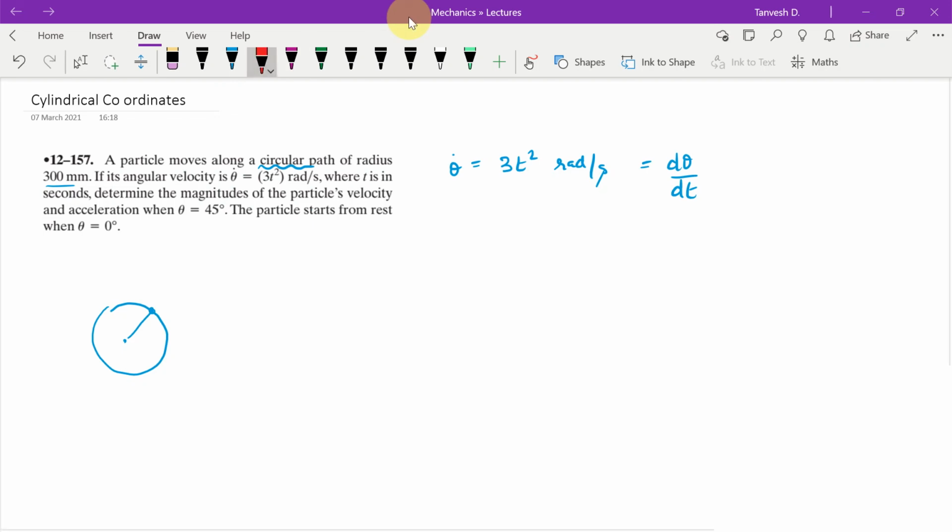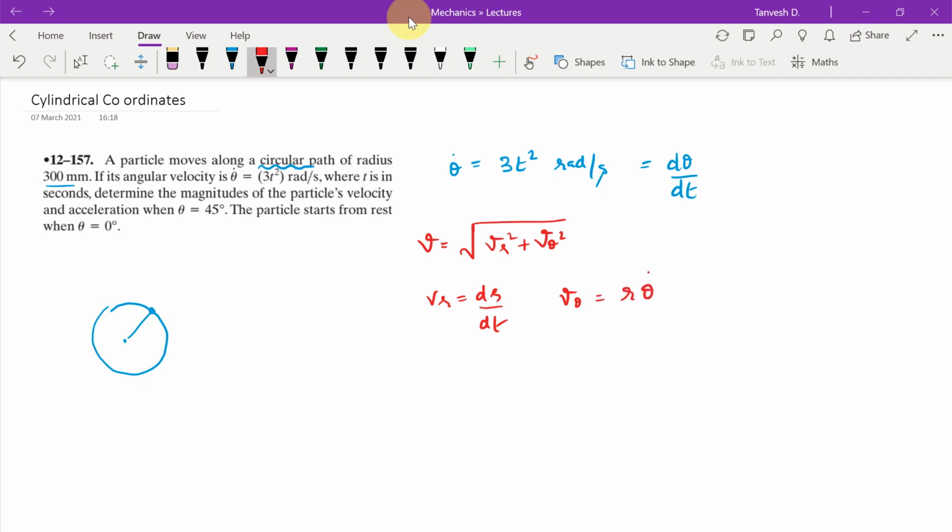So first of all, in these cylindrical coordinate numericals, what we need to remember is the formulas for the final velocity and final acceleration. So velocity is given as under root of vr square plus v theta square, in which vr is dr by dt and v theta is r into theta dot.